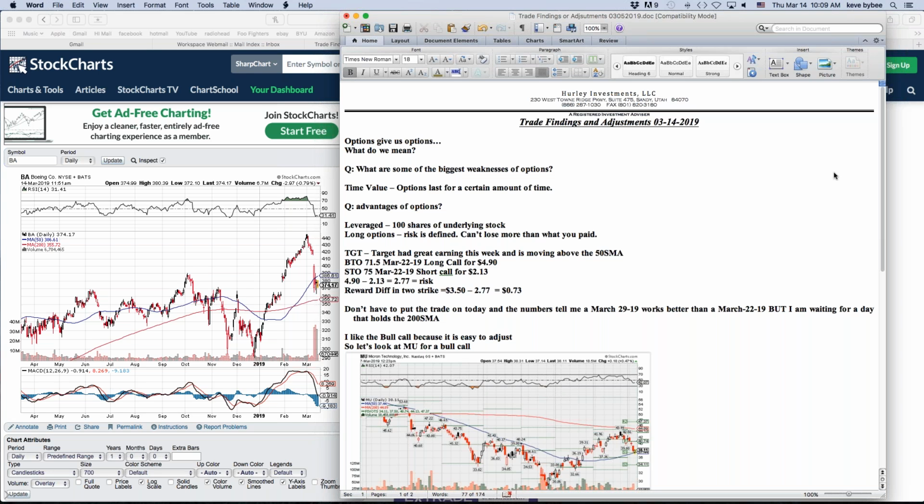And that way, it is a hedge. Let's take the long call as an example. The long call is a hedge to stock ownership.